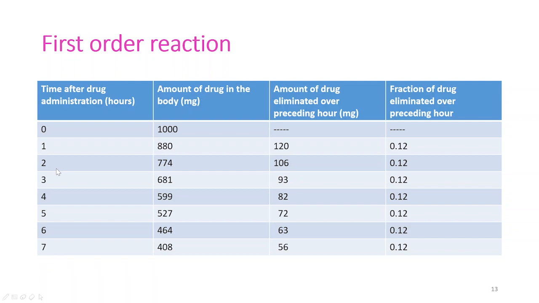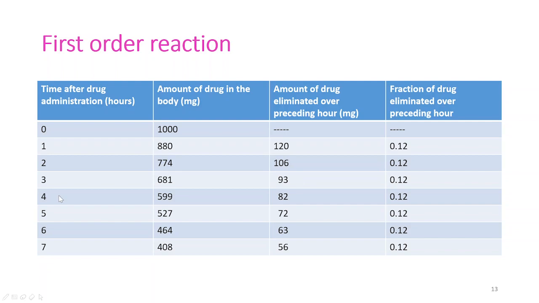Computing 106 from the amount that was left, 880 milligram, we get a 0.12 fraction. Then another hour passes, the drug that remains in the body is only 681. Deducting it from 774, there is 93 milligram of drug eliminated, and this 93 represents a 0.12 fraction of the 774.